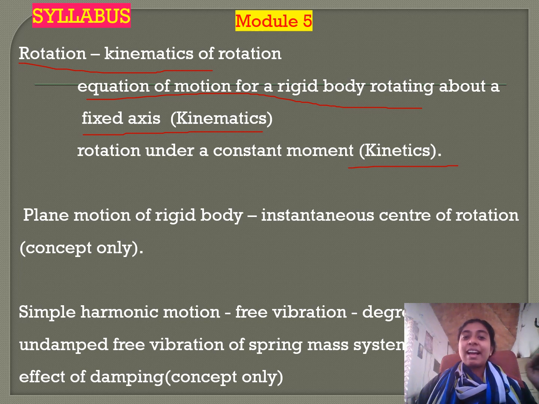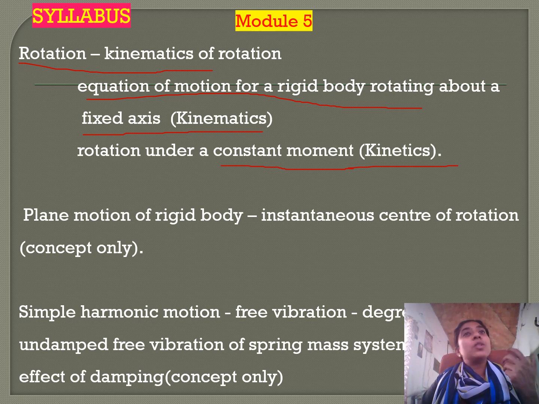Now, kinetics of rotational motion. When it comes to linear motion, kinetics occurs by the application of a constant force. Since here it is rotational motion, kinetics comes when we apply a constant moment, also known as torque.